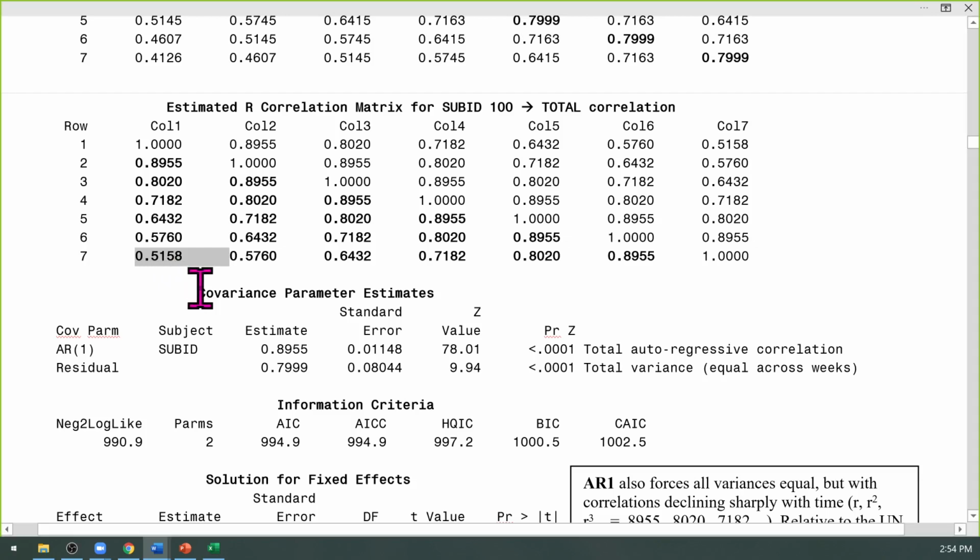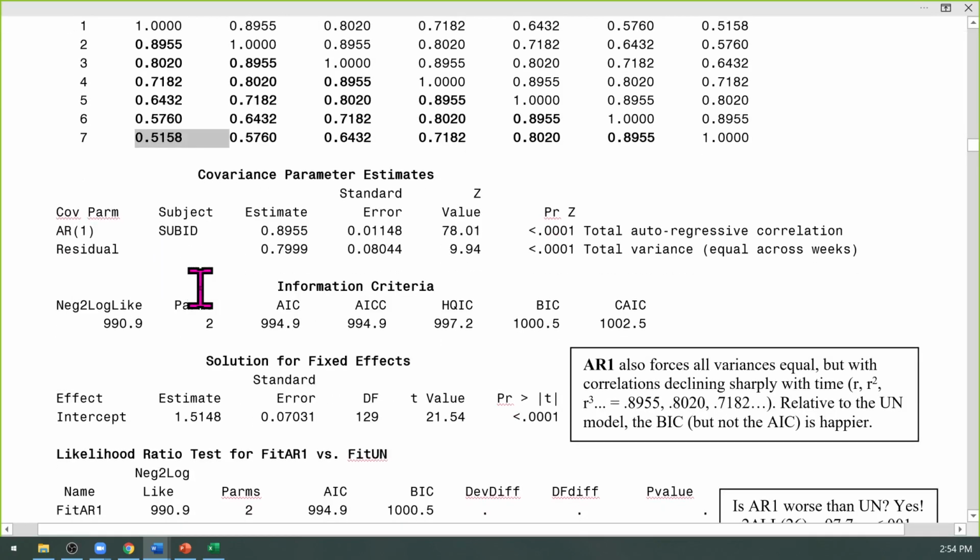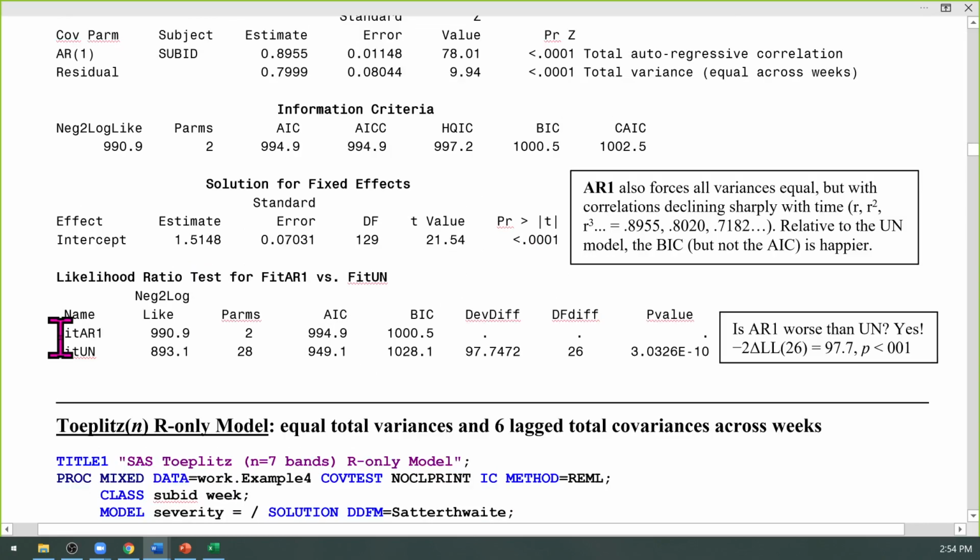So as we might have anticipated, it does not fit as well as unstructured. A difference of 28 parameters, a difference in -2 log likelihood of 97, and a p-value that is 0 out to 10 decimal places. So that doesn't fit very well either.